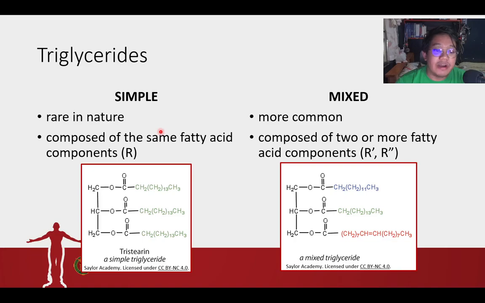When they are the same, they are rare in nature, and this is an example composition. The R group present in our triglyceride is identical. So, that is called simple. For mixed, these are the more common. The R groups are different. Okay? Here, it is saturated. Then, in the third R group, we have unsaturation.